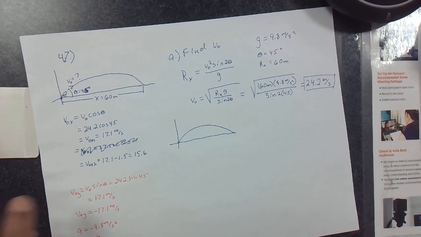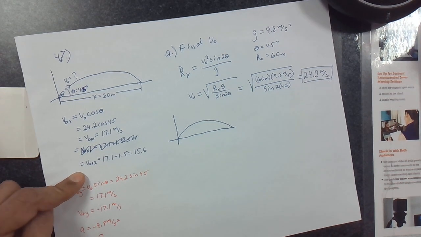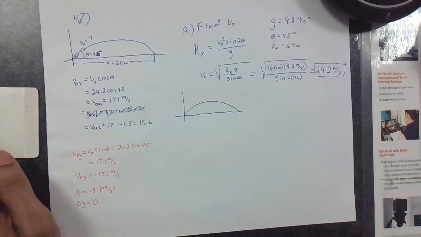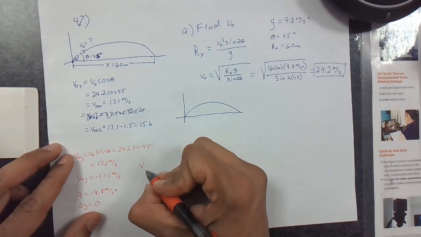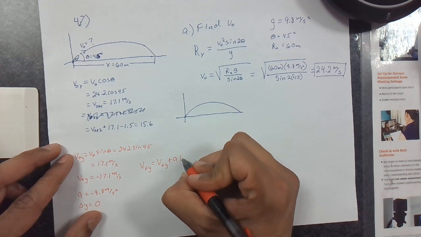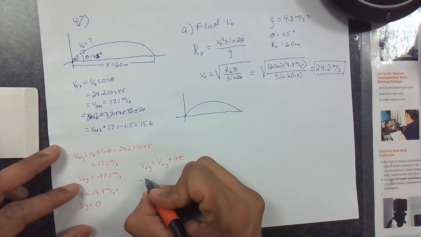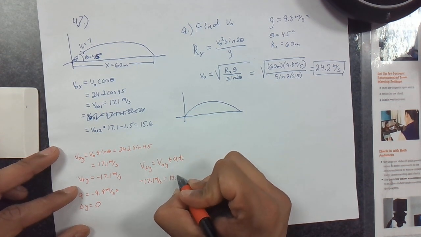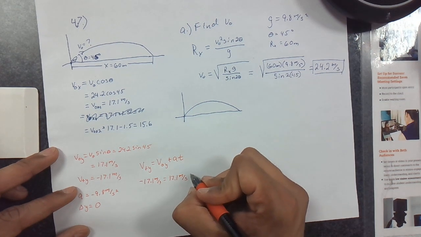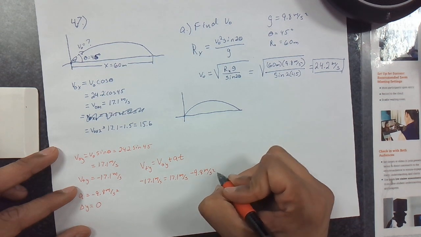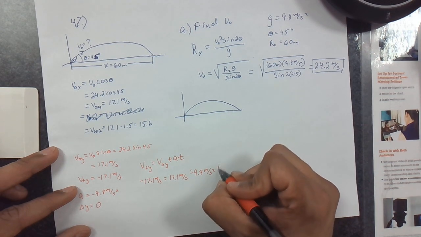So now that we have our velocities in our x directions, we can use our y direction variables to figure out the time. We can use a variety of equations. I'm going to use VFY is equal to V naught y plus AT. So we have negative 17.1 meters per second equals 17.1 meters per second minus 9.8 meters per second squared times t.